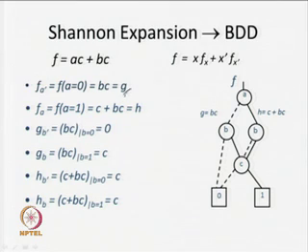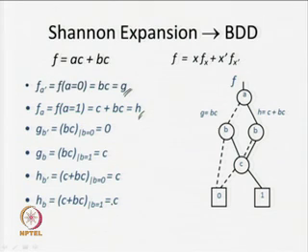So, we are getting G and H; here I will have the function G and here the function H. Now, we apply Shannon expansion on G and H. If B equal to 0, the functional value is 0, and when B equal to 1, G will be C, because B equal to 1 dot C will be C. Similarly, in case of H, if B equal to 0, then it will be equal to C, and when B equal to 1, it will be C plus C, which is equal to C.